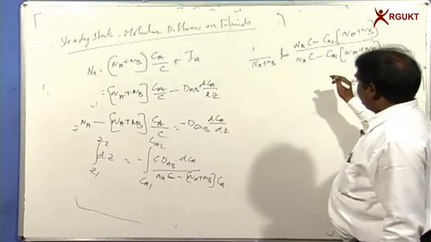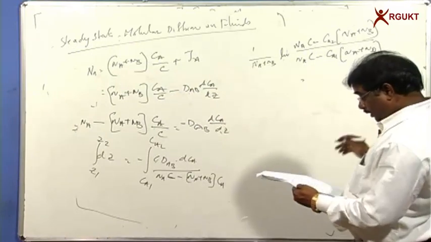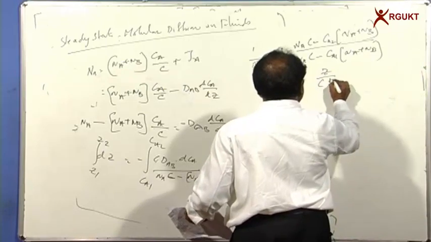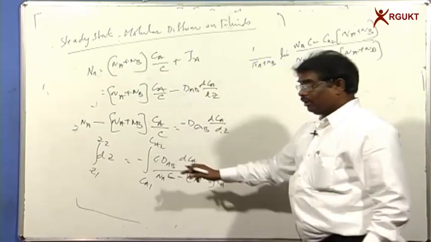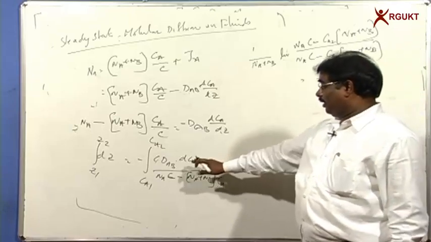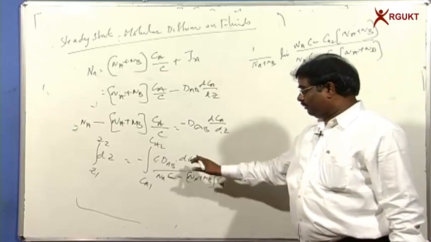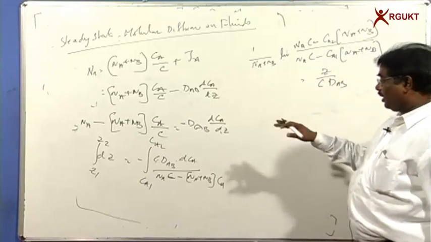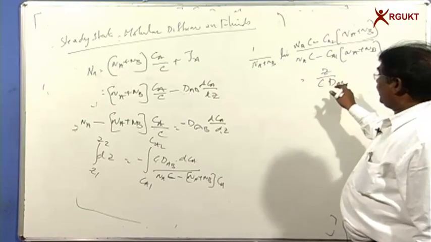If you evaluate this expression, on the other side we are going to get Z by C D_AB, assuming that the total concentration is constant; the diffusivity is generally a function of concentration, but if you assume D_AB is not a function of concentration and the total concentration is constant, one can write this.